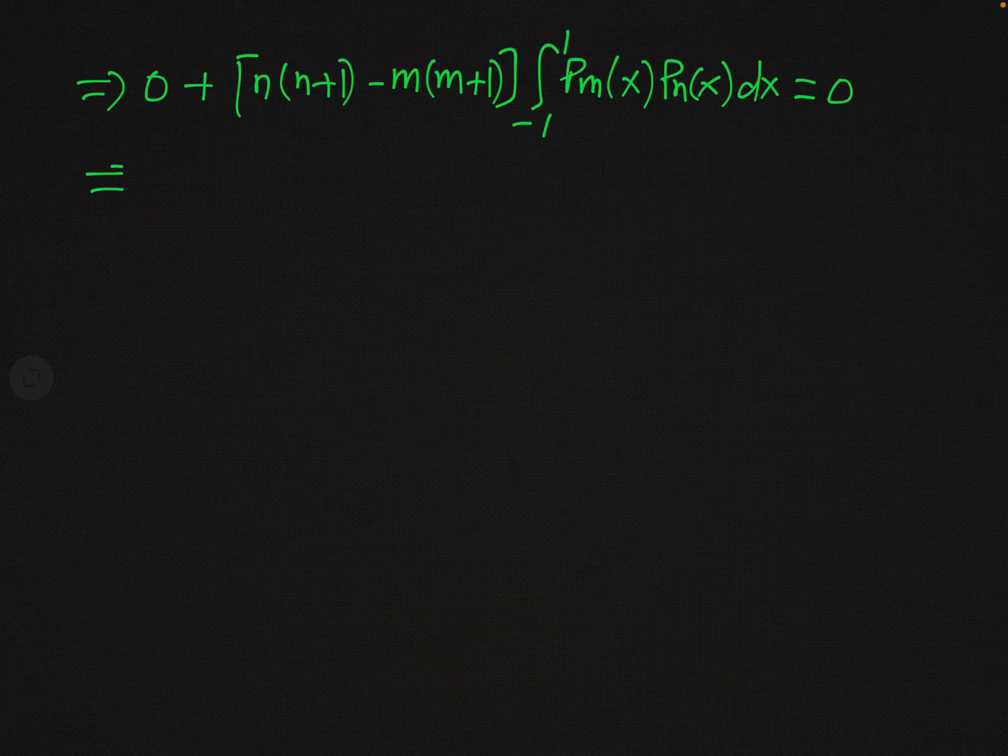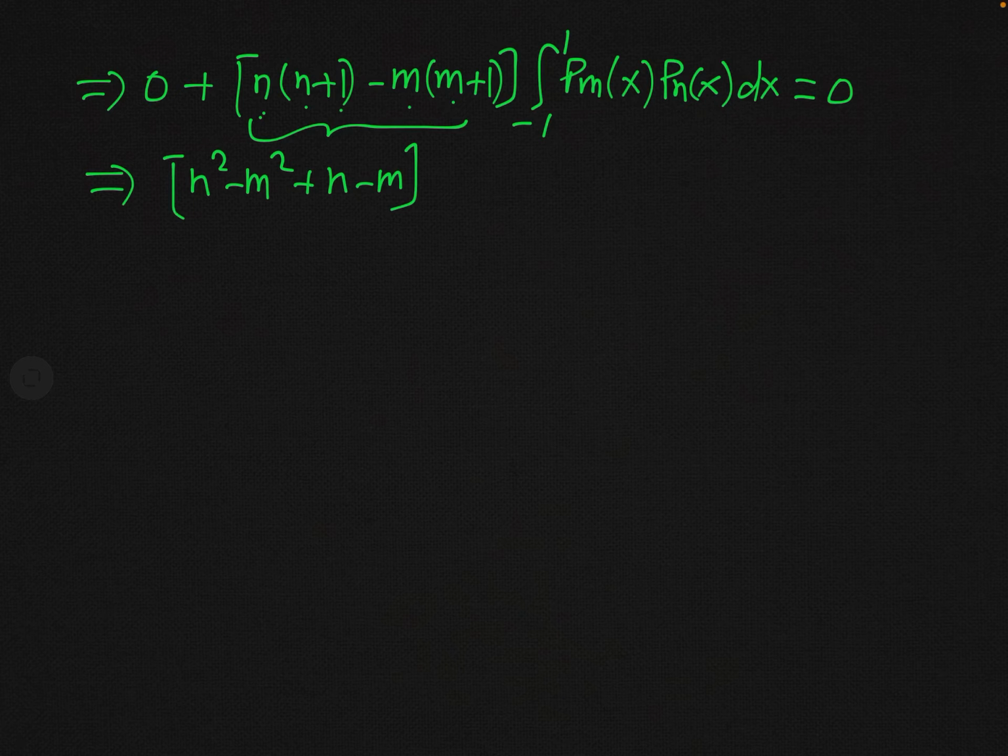So now let us simplify first of all this term. You can see here this will be n into n, that is n square, and here m into m, that is m square. So you can write it n square minus m square, and plus now n into 1, that will be simply n, and minus m into 1, that will be simply minus m.